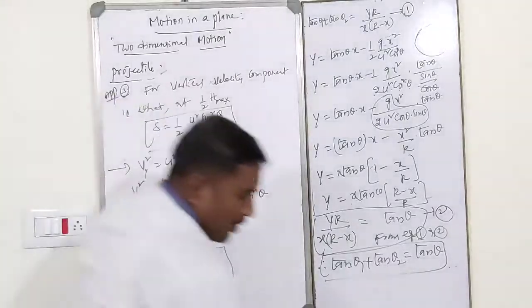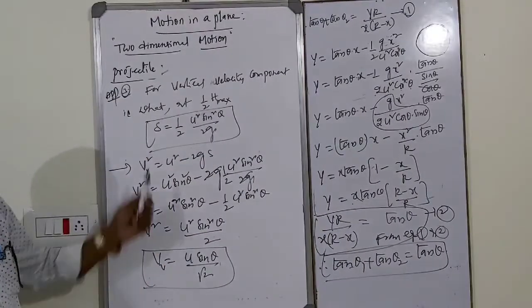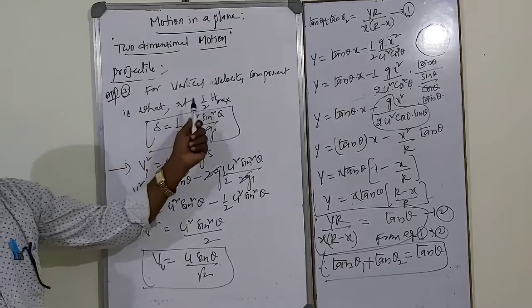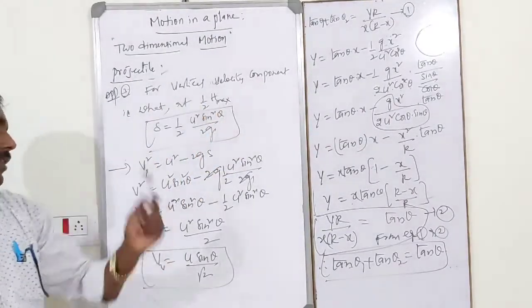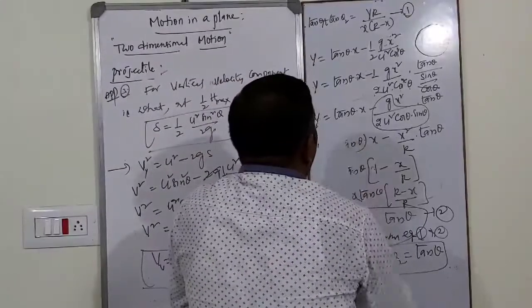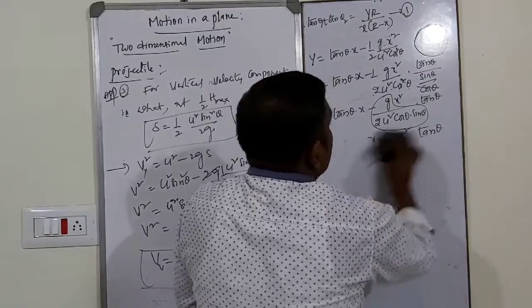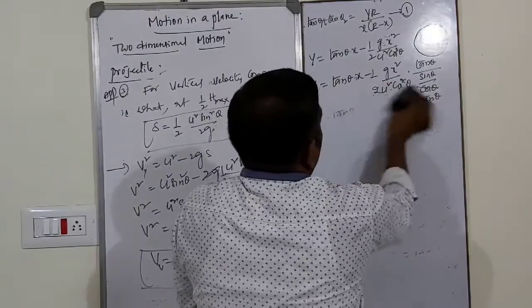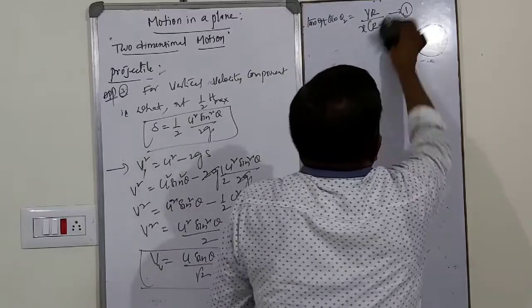This is application number 3. This is an important application, students: for half of the maximum height, calculate the vertical velocity component. Next, what is the velocity at half of the maximum height? Not the vertical velocity, the overall velocity.